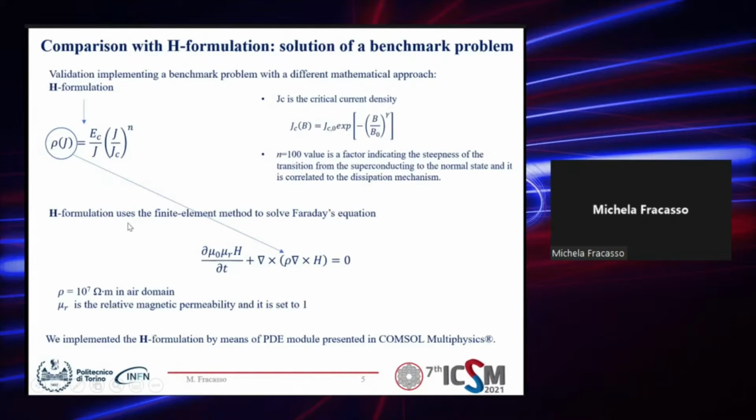100. Basically, the H formulation uses the finite element method to solve Faraday's equation, and rho for the superconducting domain, as I said before, is expressed as the power law, while for the air domain, rho is set equal to 10 to the 7.